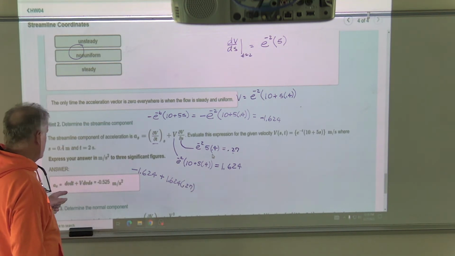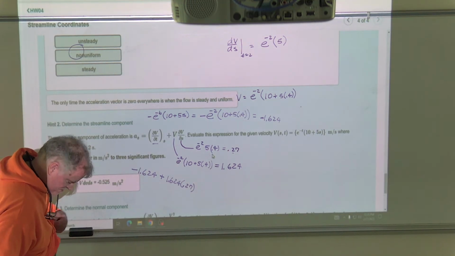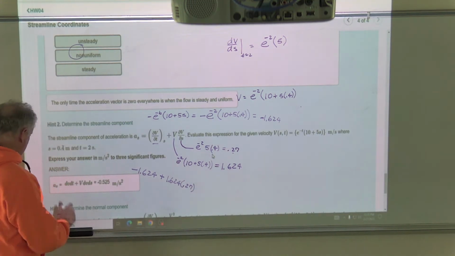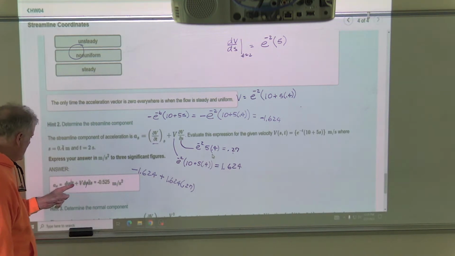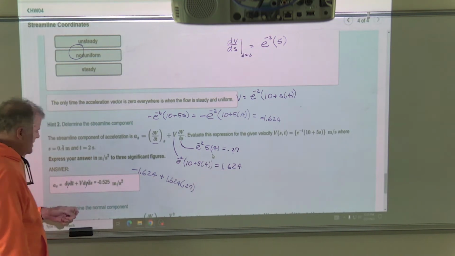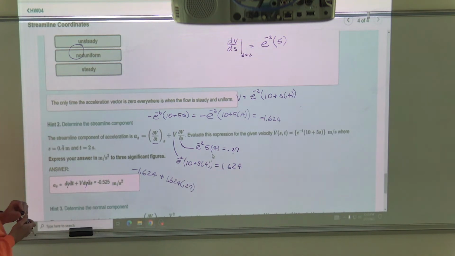I think this is supposed to be like this. This is supposed to be DVDT and V times DVDS. So somehow I've monkeyed it up. Let's see. DVDS. What did I not put in there correctly?